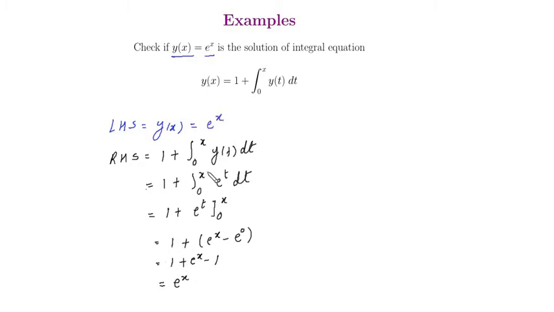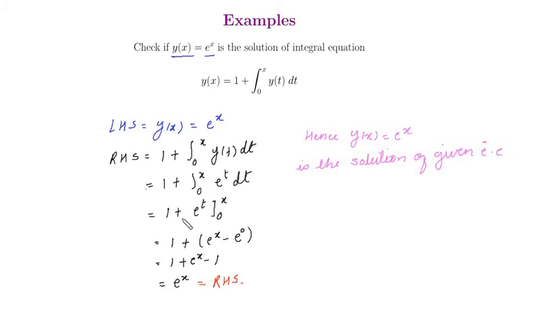So after solving this integral, the right hand side is e raised to x, and definitely that equals the left hand side, and hence we can say y(x) equals e raised to x is the solution of the given integral equation.